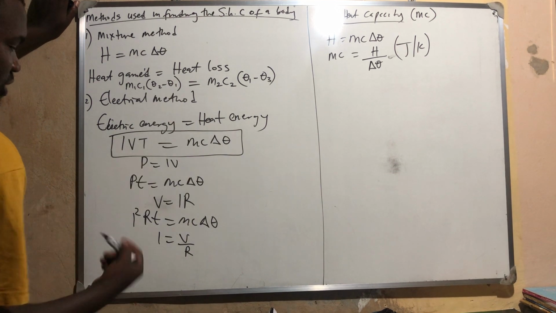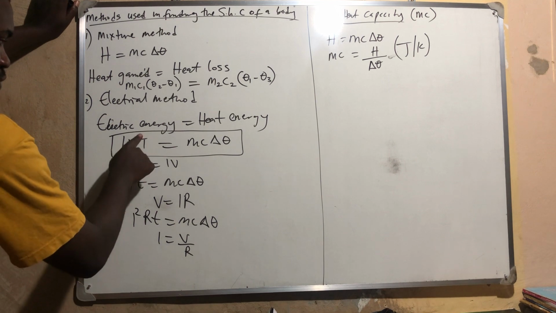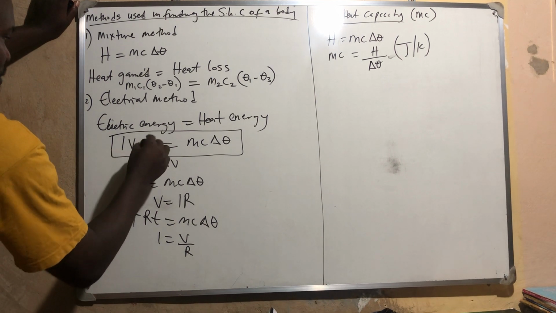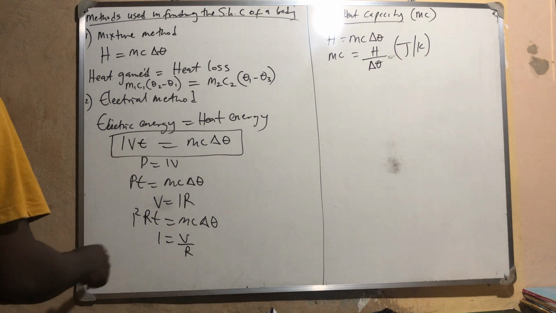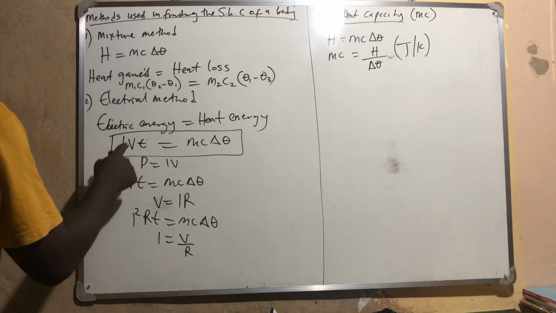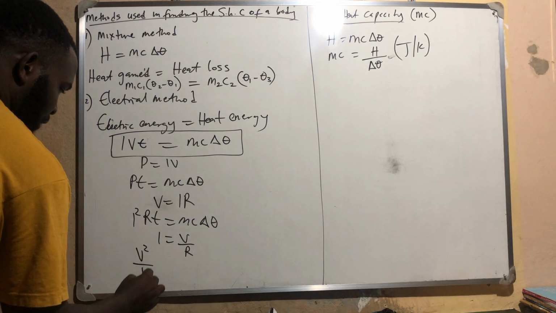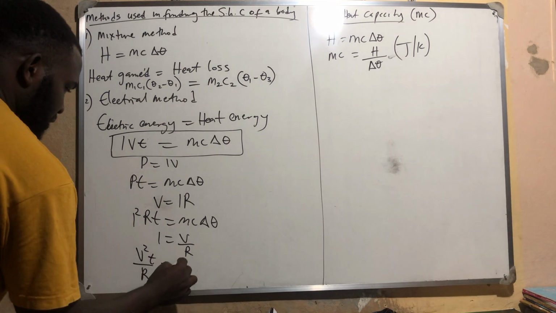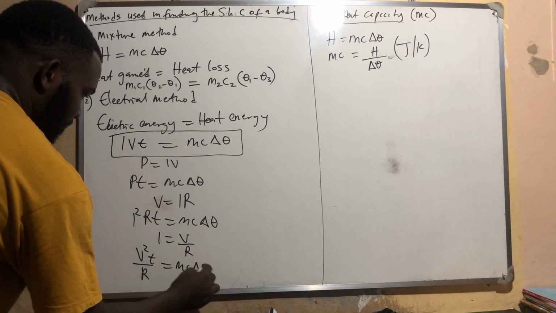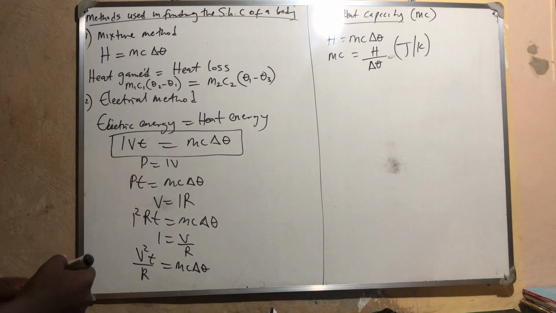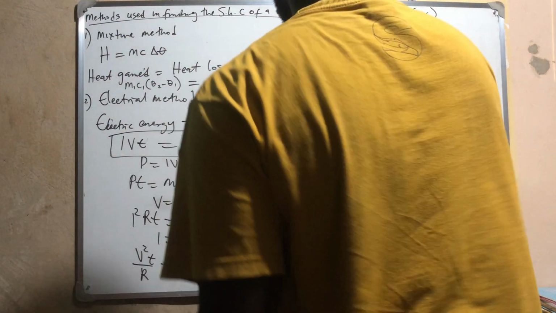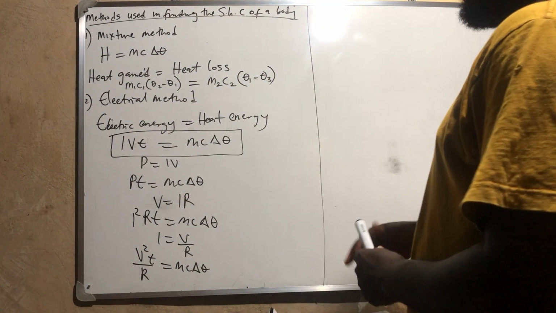From here, you can derive anything you want, but the one I want you to know is only this one. So if you now put that I is equal to V over R, I will now have V squared over R T is equal to MC change in temperature, and so on and so forth. That is for my electrical method.